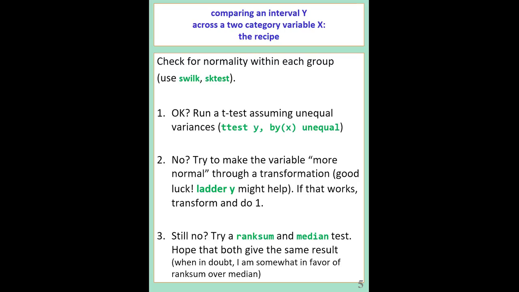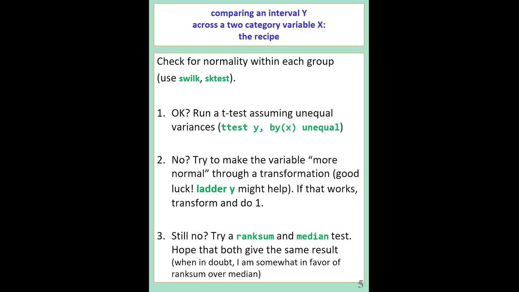Again, first, what you need to run through sort of as a recipe in Stata. You see here already at least a little bit that the recipe itself is a little bit longer than it used to be for the chi-square exact. It starts with that you have to test for normality. What we'll find out is that the t-test will only work if in the two groups that we compare, that interval variable has a normal distribution already.